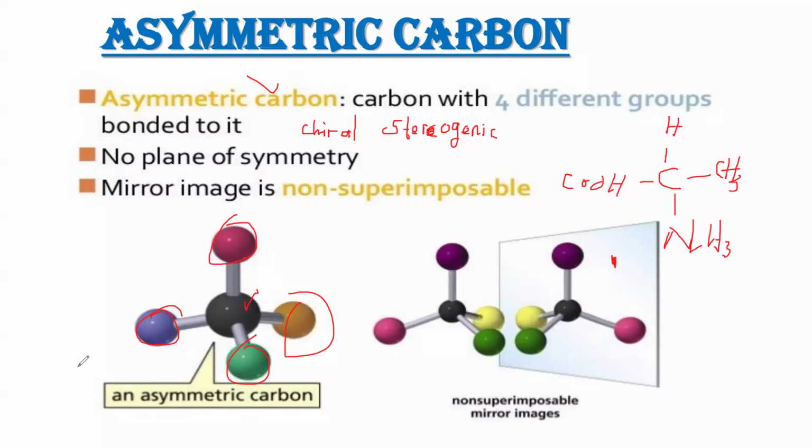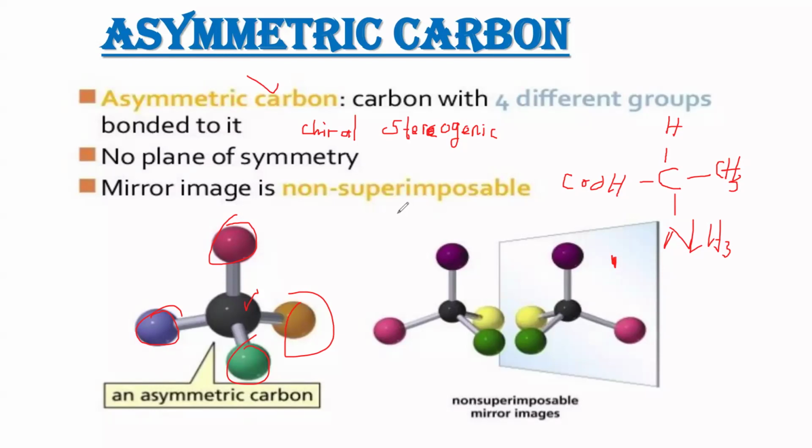Okay, and there is also a way that you can get the number of isomers that a particular asymmetric compound may produce. We have this formula, the number of stereoisomers.